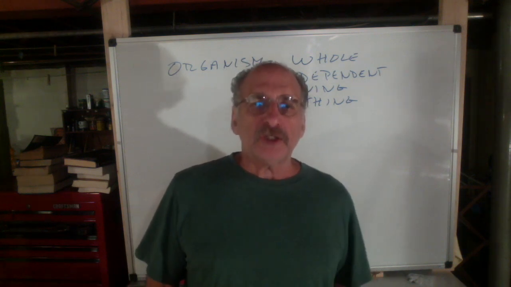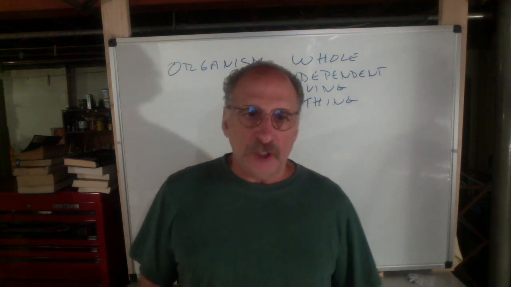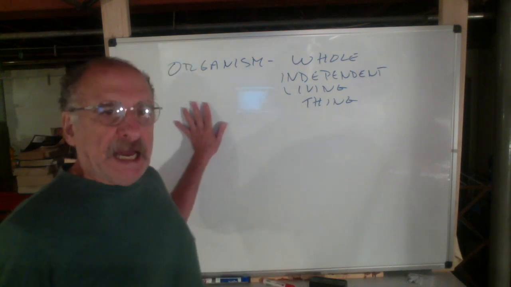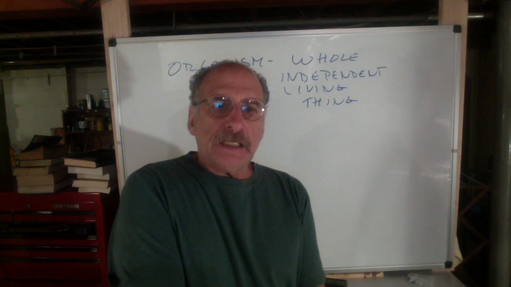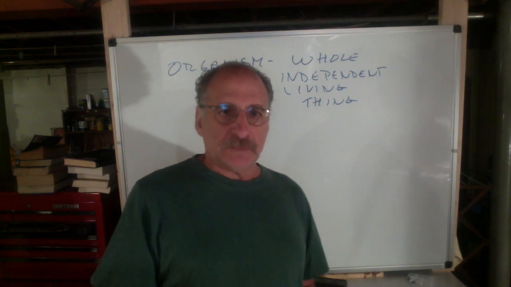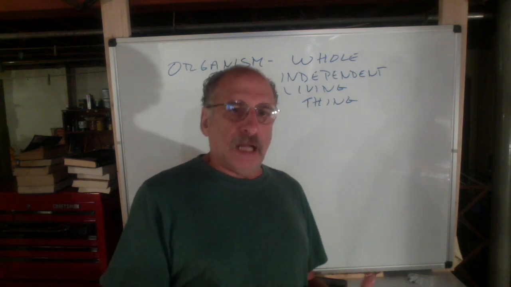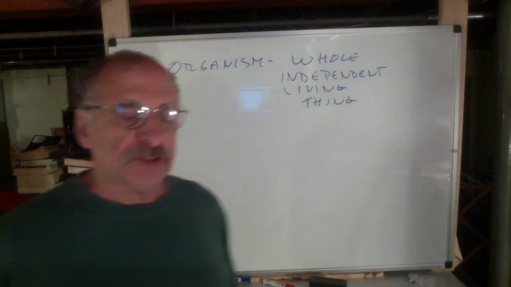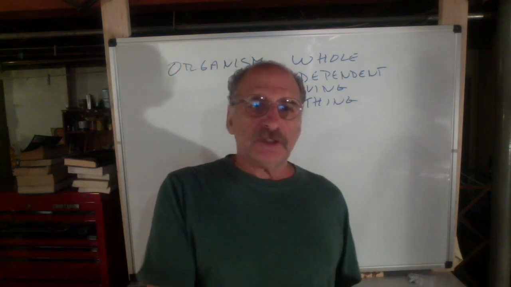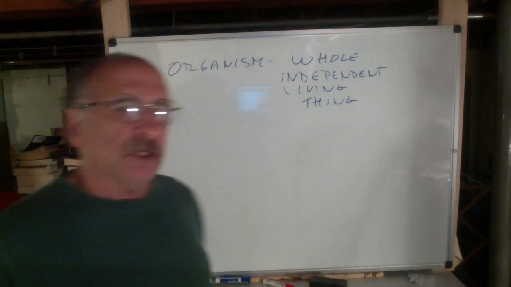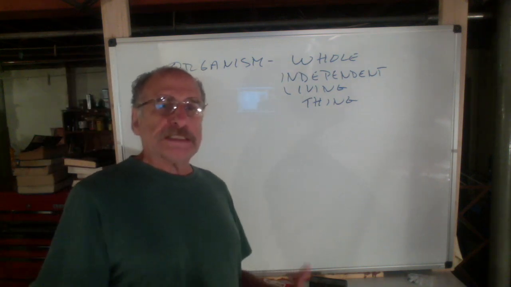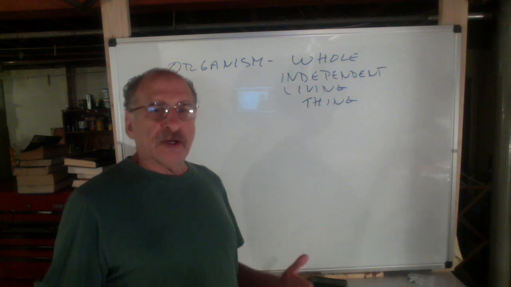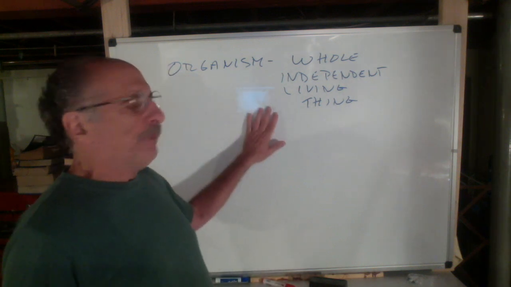An organ system is made up of a collection of organs. We are not defining organism as a collection of organ systems. So again, the quality or the sense of this definition is different than the previous terms. Here, we're not defining it as a group of organ systems, rather we're defining it as an independent living thing.